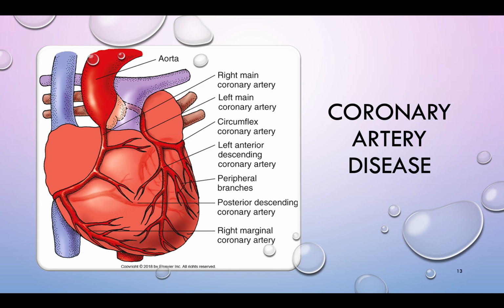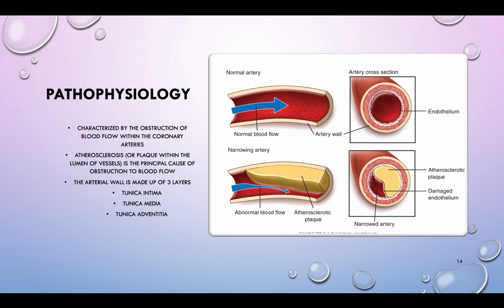Okay, let's talk a little bit about coronary artery disease. What is coronary artery disease? Well, basically we have a buildup of plaques within the vessel walls of the coronary arteries, and those are the arteries that are in the heart. This buildup leads to narrowing of those vessels, and thus perfusion is altered.